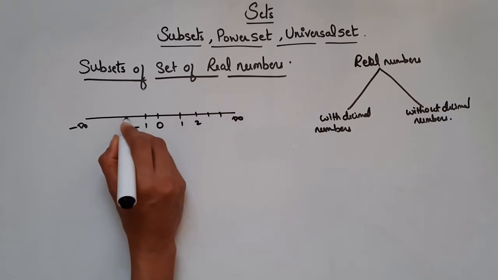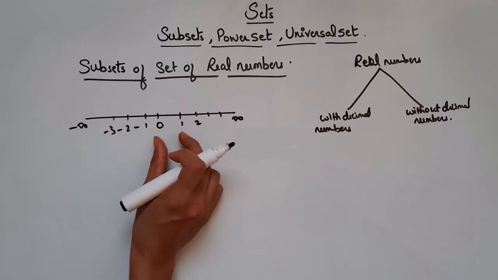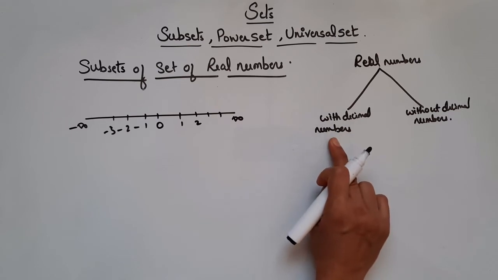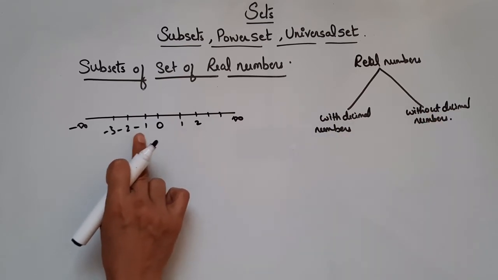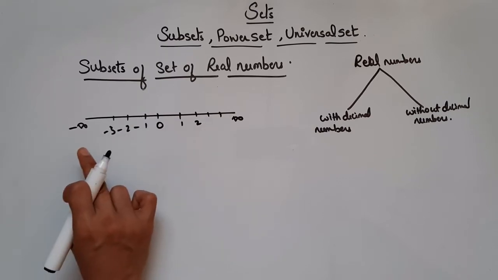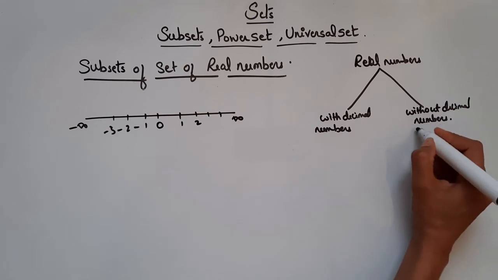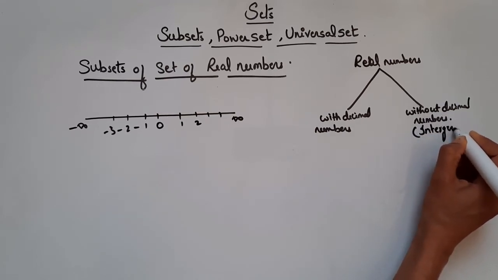Here we have minus 1, minus 2, minus 3 and so on. From 0 to 1 there are infinite numbers which are in decimals, right? Those are called with decimal numbers. And without decimal numbers are those 1, 2, 3 and here we have 0, minus 1, minus 2, minus 3. All these are without decimal numbers, which are nothing but integers.